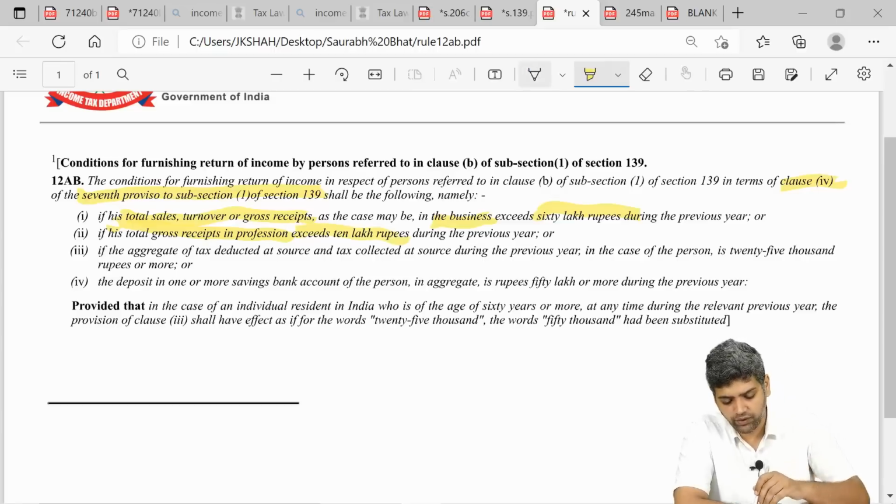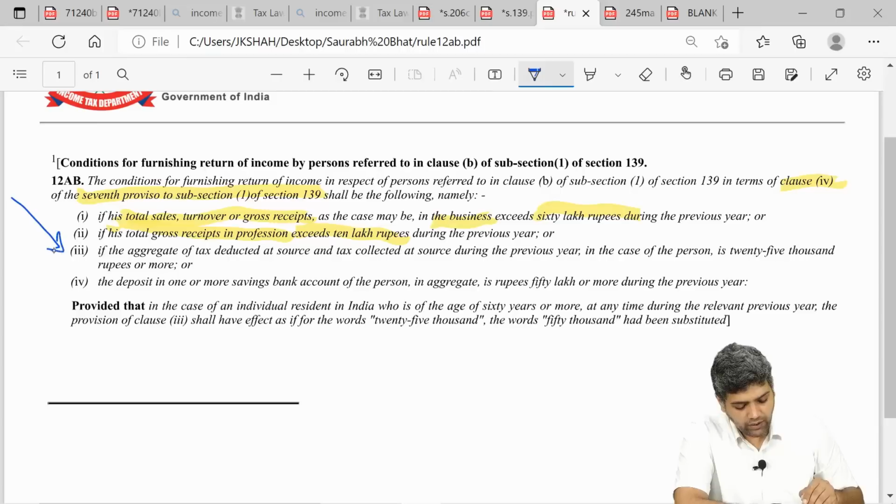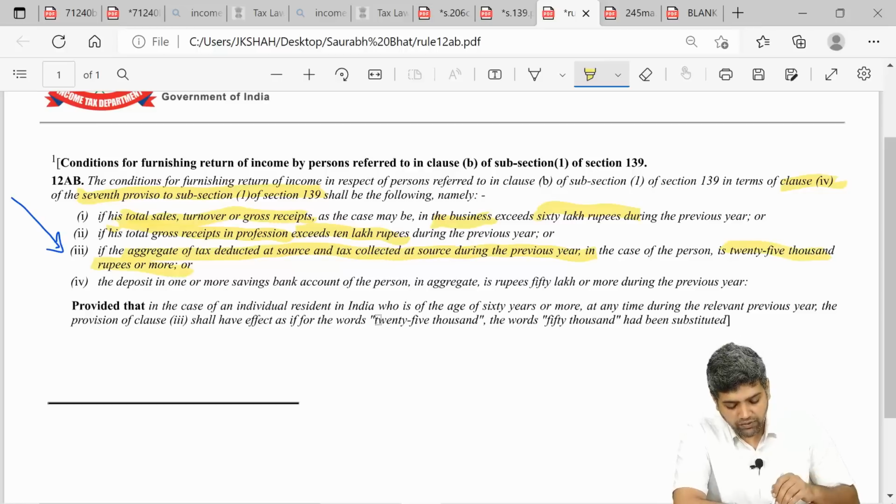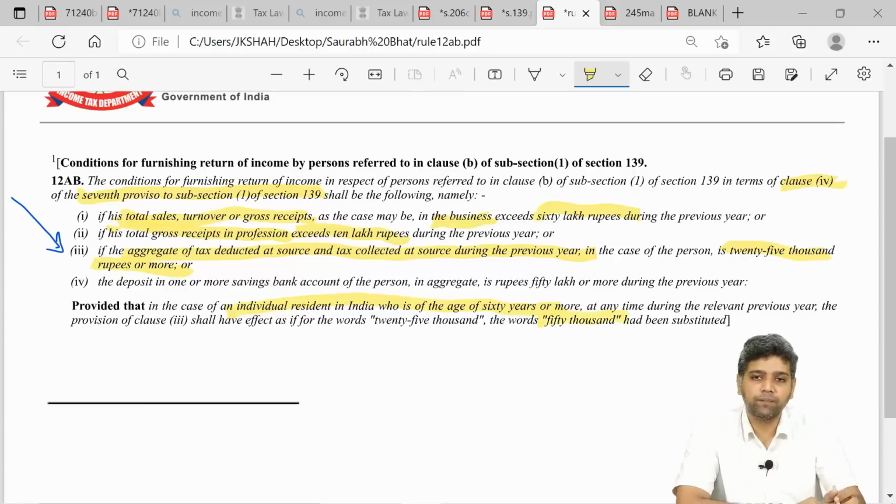But look at the third point. The aggregate of TDS and TCS during the previous year in the case of that person is 25,000 rupees or more. However, if that assessee is a senior citizen, in that case that limit will be 50,000.